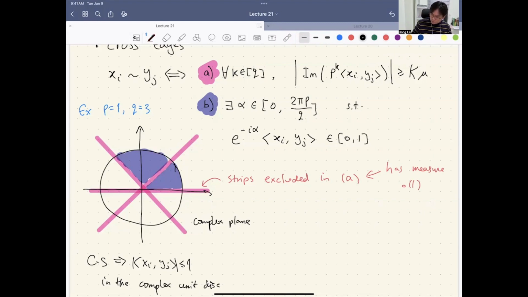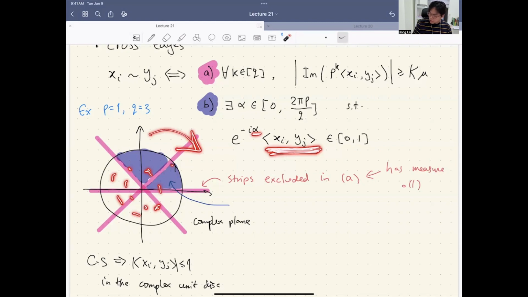Now, part B. This part is where the inner product should lie, somewhere inside this unit disk. After an alpha clockwise rotation by p over q angle, when p over q is 1/3, it just means that it lives in the first third. After some rotation, it gets on here.